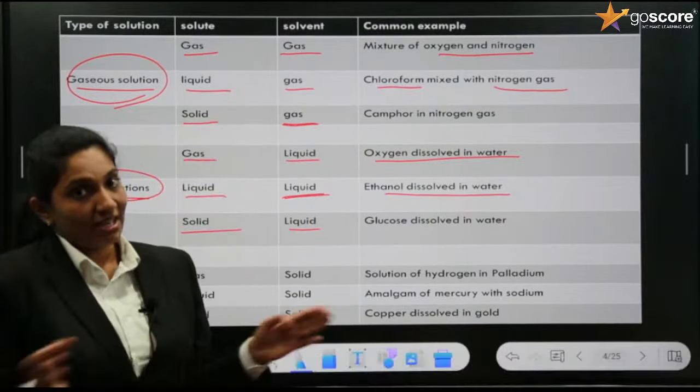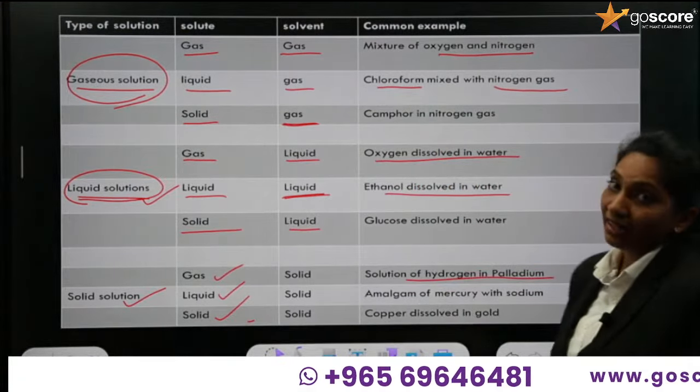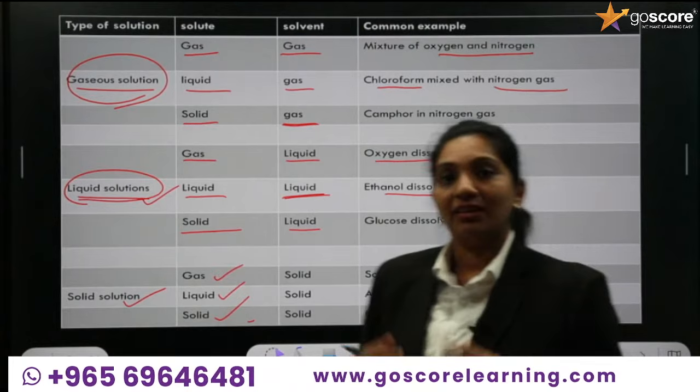Now let's see solid solution. Solid solutions means there the solvent will be in the solid and we can dissolve the gas solute, liquid solute, or solid solute. Whenever you dissolve a gas solute in the solid solvent, we have the example of solution of hydrogen in palladium, where palladium acts as the solvent and hydrogen is the solute.